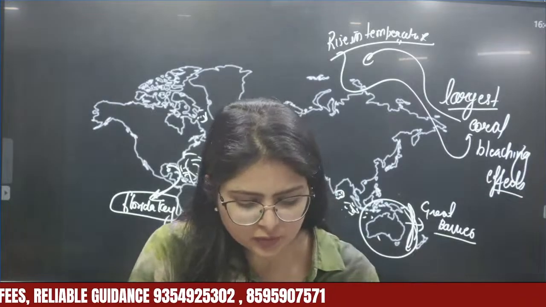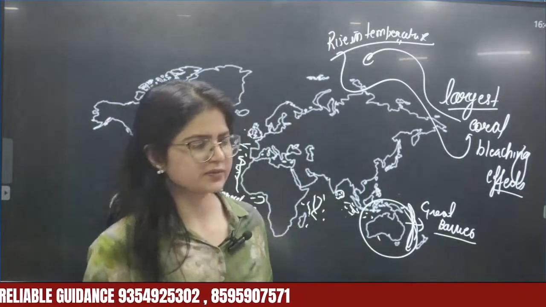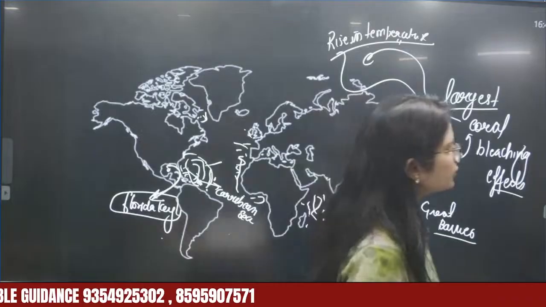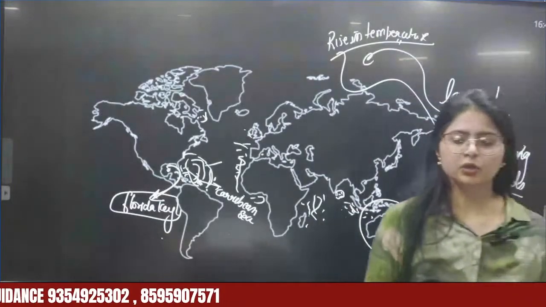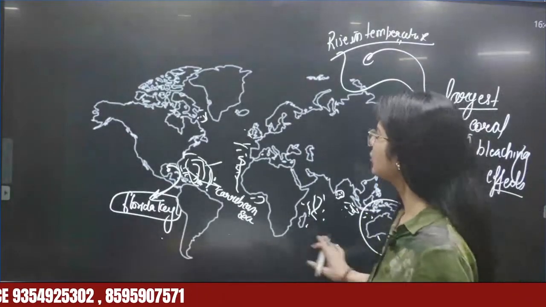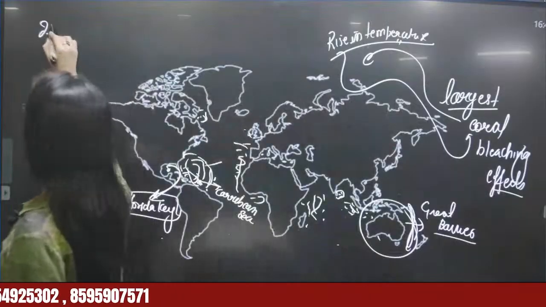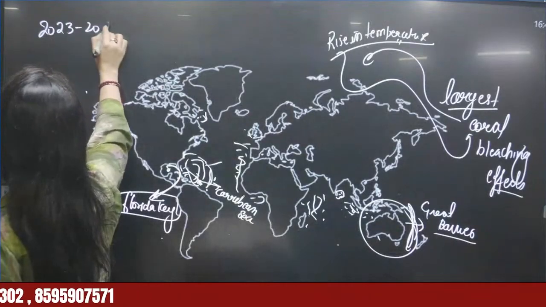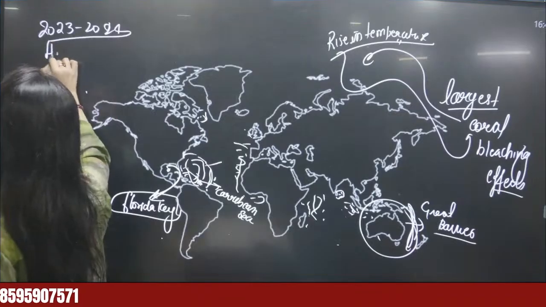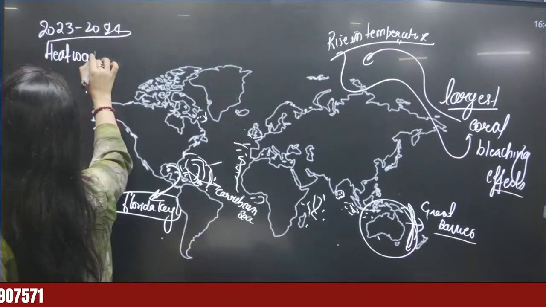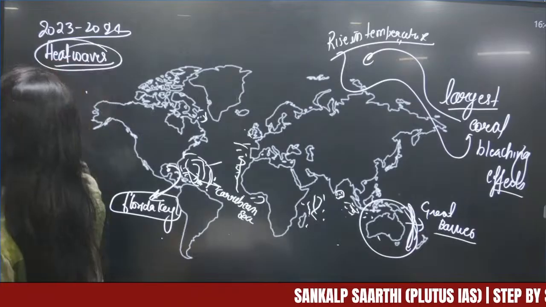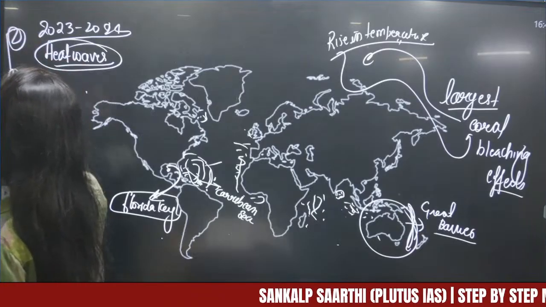Second, write down record marine heat waves. We have record marine heat waves in 2023 to 24. Why were they affected? Because of the heat waves. That was the reason. Then write down the third one, El Nino effects.